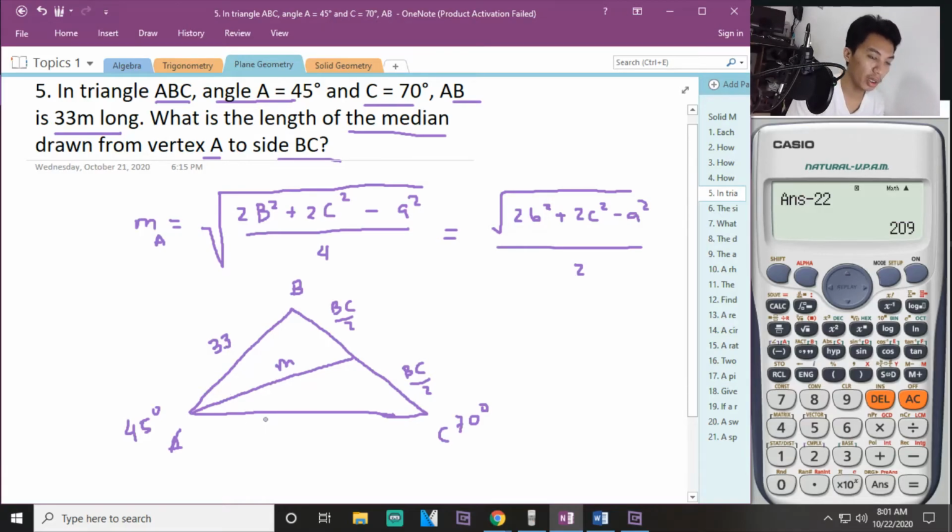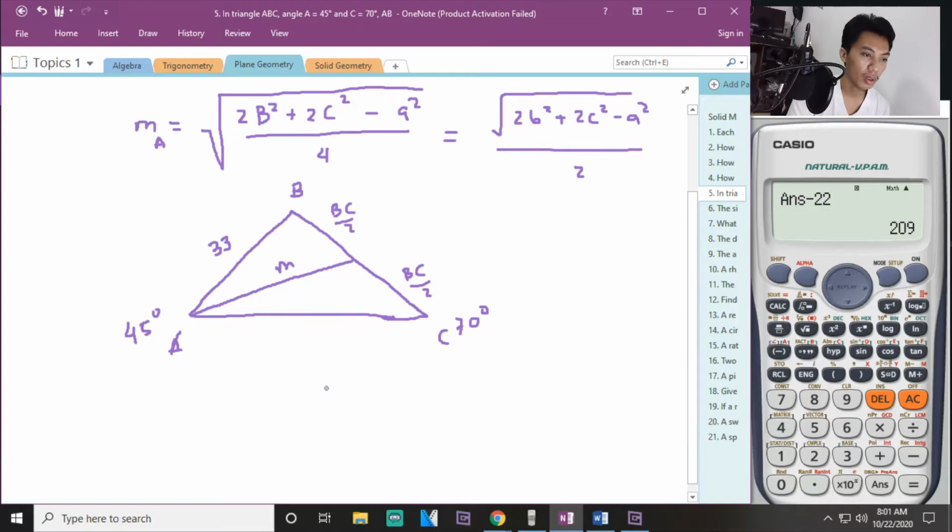Yes, pwede ka ditong since meron kang included angle dyan, pwede kang gumamit ng cosine law. So, alamin muna natin yung angle dito.